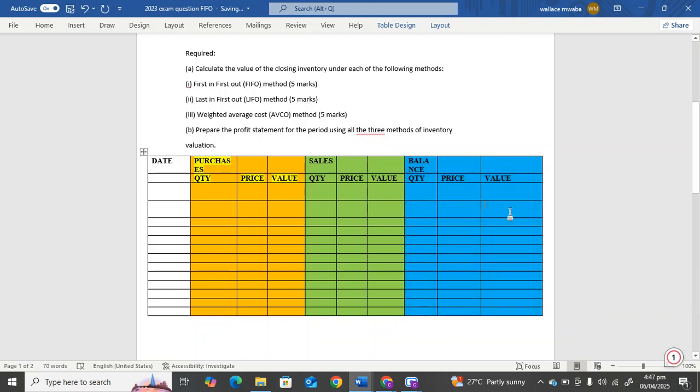Each column has quantity, price, and value.